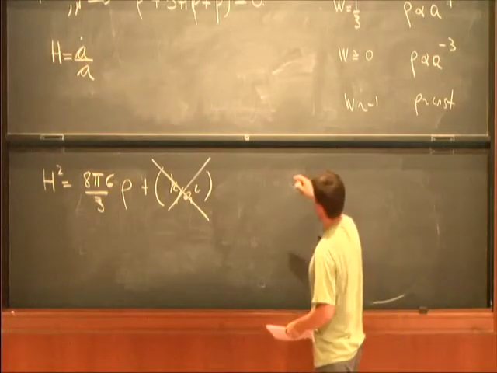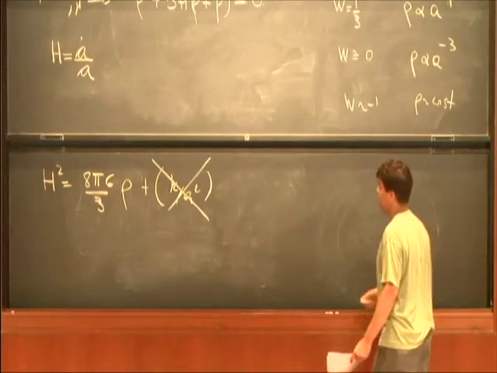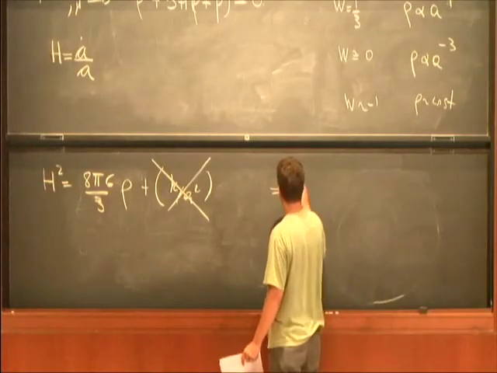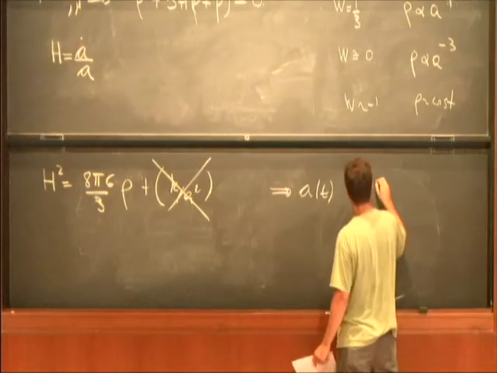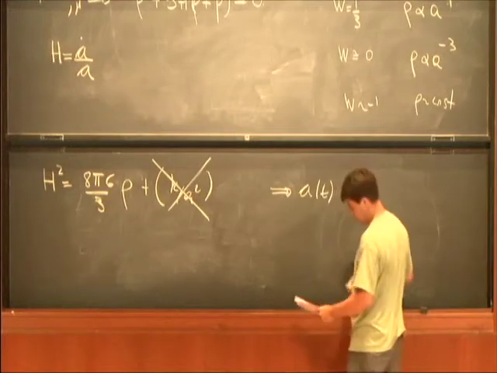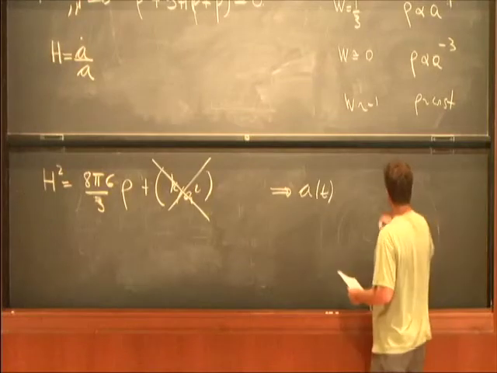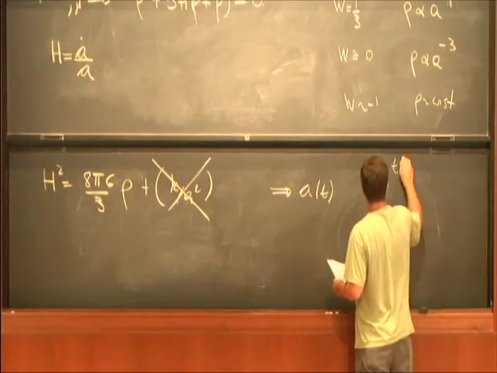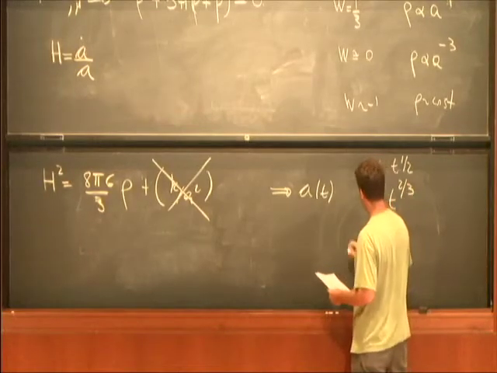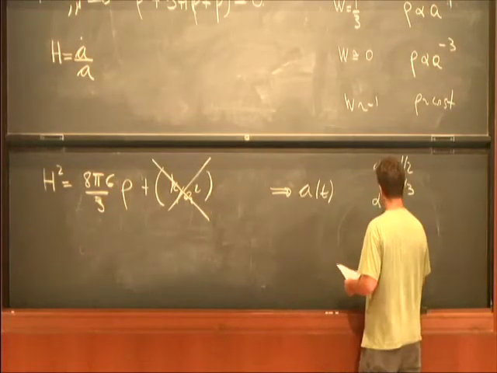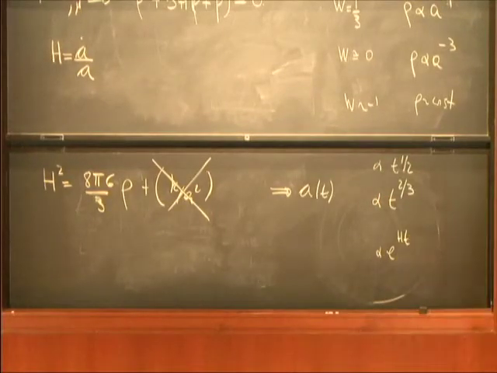You can use this if you know that rho goes as a particular power of a. You can solve this equation to determine how a goes as a function of time. You all know this, but in the radiation era, a goes as t to the 1/2. In the matter era, it goes as t to the 2/3, and in a period dominated by the cosmological constant, it's an exponential.